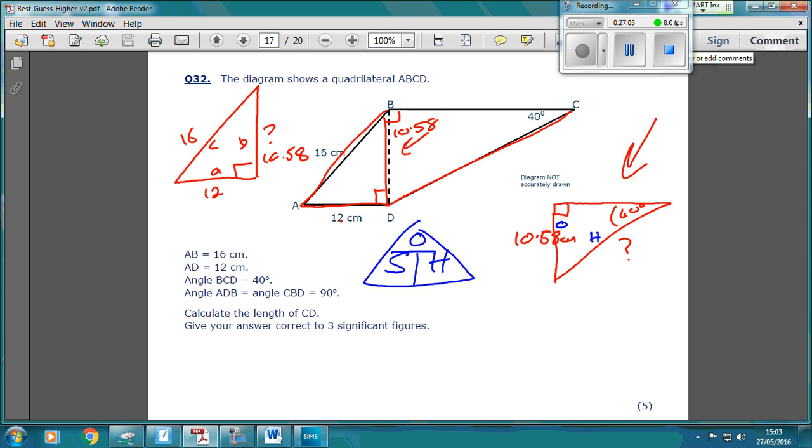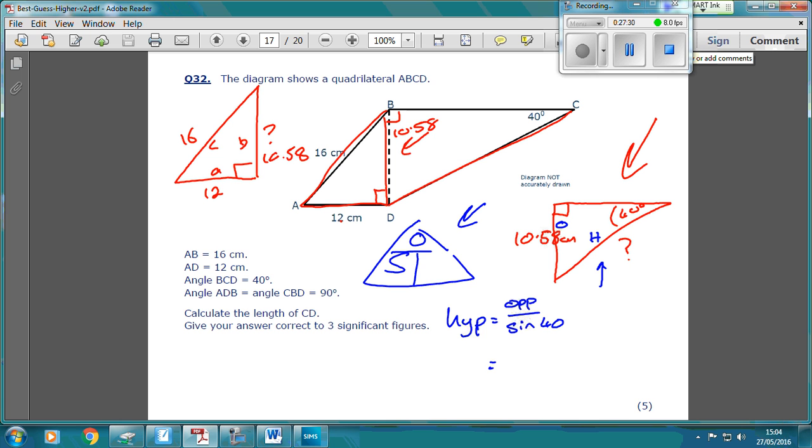So if we use SOH here, we need to find the hypotenuse. So the hypotenuse, we cover it up. And if we cover up the hypotenuse, we've got O divided by S left. So that's what I'm going to write down: the hypotenuse equals the opposite divided by S, which is sin of the angle, so sin of 40 degrees.